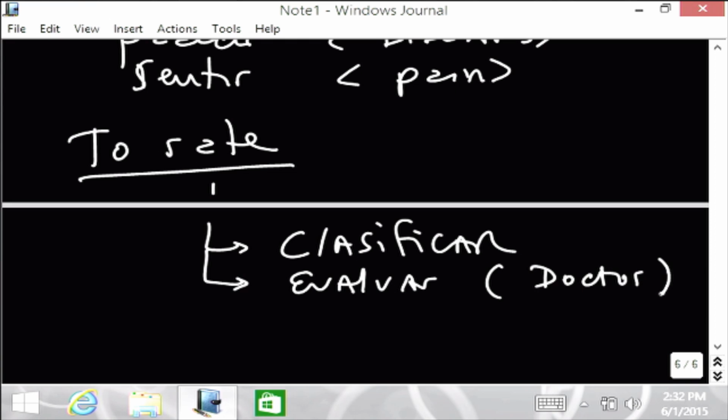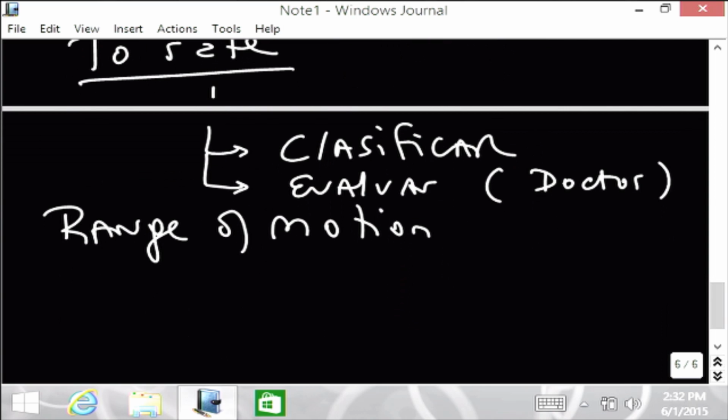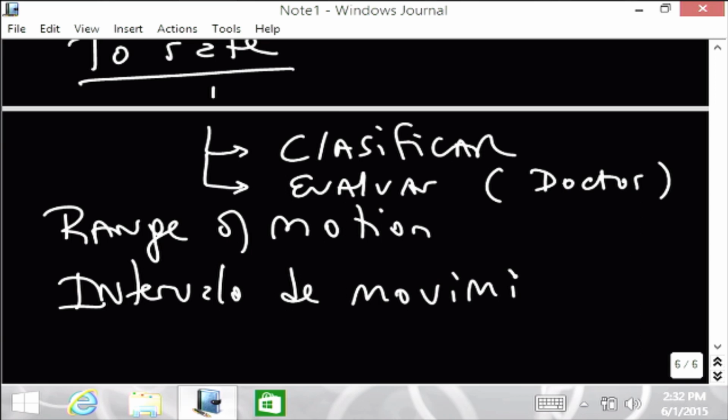So for example, if they say, I'm going to rate your range of motion, voy a evaluar su... and range of motion, by the way, since we are at it, transfers into Spanish as intervalo de movimiento. This word intervalo comes from mathematics, and that's really what it is.